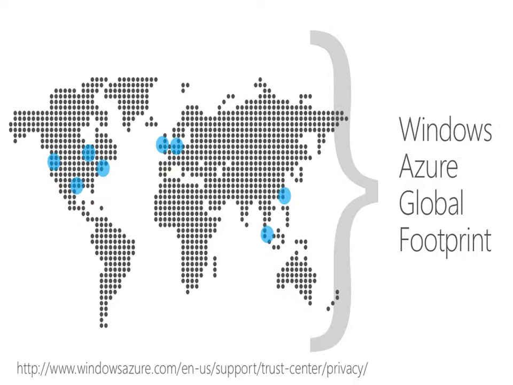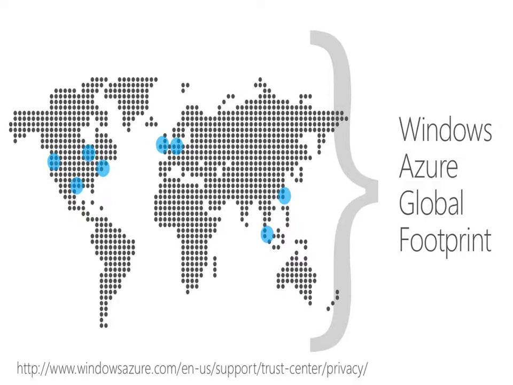We've got 4 data centers within the United States today running Windows Azure infrastructure services. We've got 2 in Europe, and we've also got 2 in Asia. Each of these data centers are located more than 400 miles apart to meet the disaster recovery distance requirements that many organizations have in place.